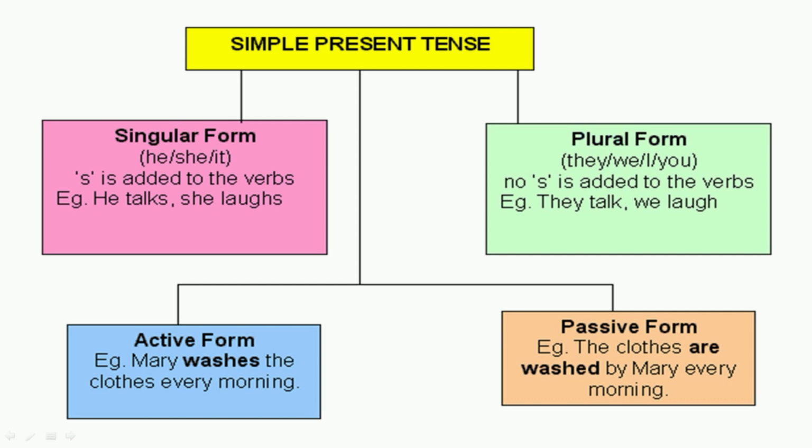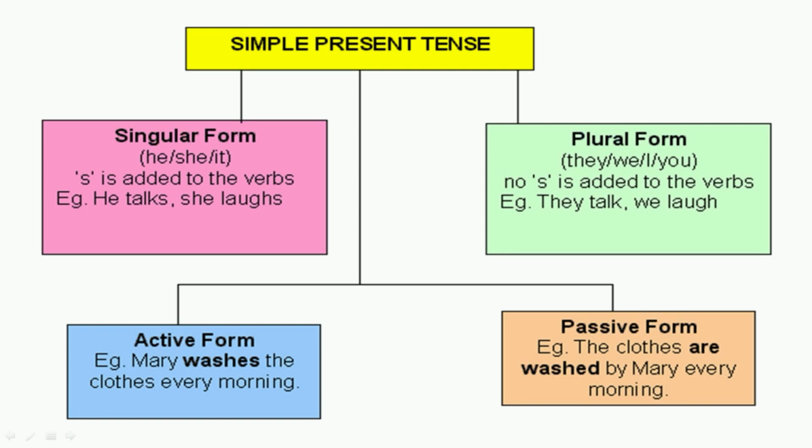And the plural pronouns are they, we, I, and you. No S endings here. For example, they talk, we laugh, not talks. They talk, we laugh. And the active form and the passive form, that is to say, active voice and passive voice in the present simple tense.